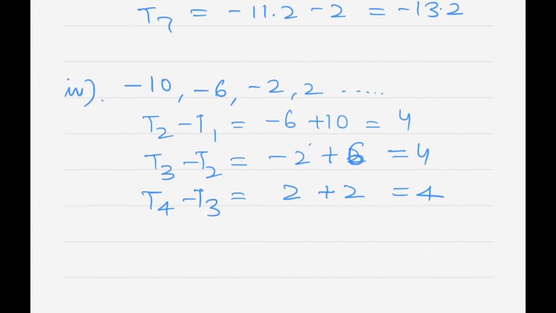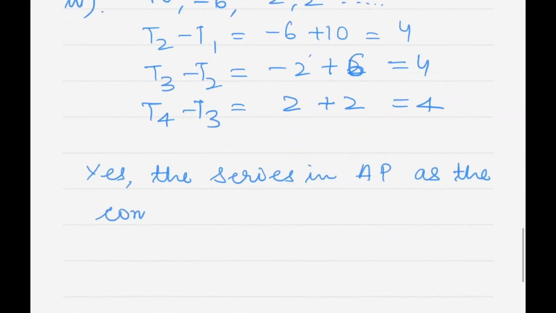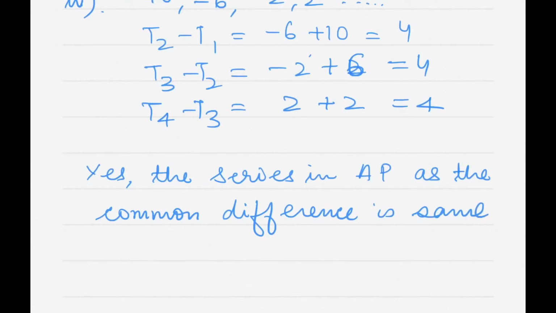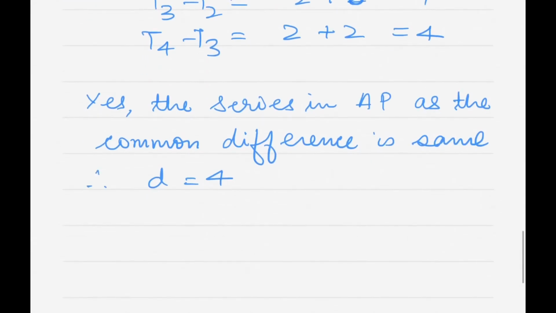So I can see my common difference is same. So I can say yes, the series is in AP as the common difference is same. And d is equal to 4, we have already found out.